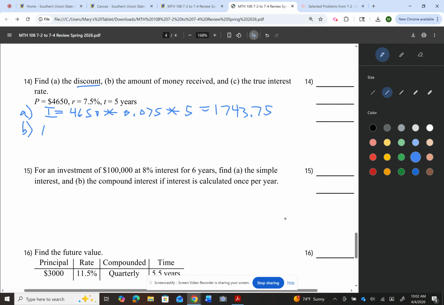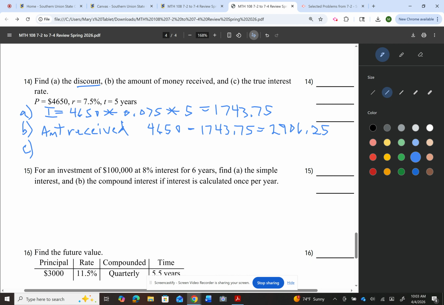The amount received is going to be, they're going to take out the interest first, so it's going to be the 4,650 minus the 1,743.75, and that's the $2,906.25.